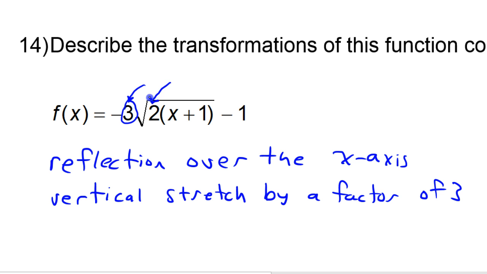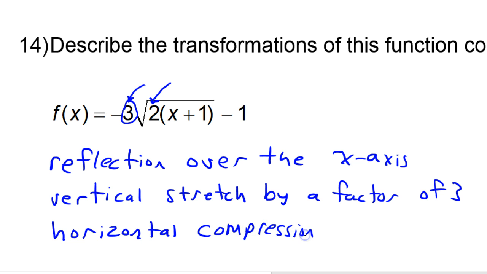Now, anything inside the radical is going to be a horizontal something. But it's going to be the opposite of what it looks like. So this will actually be a horizontal compression by a factor of 1/2.